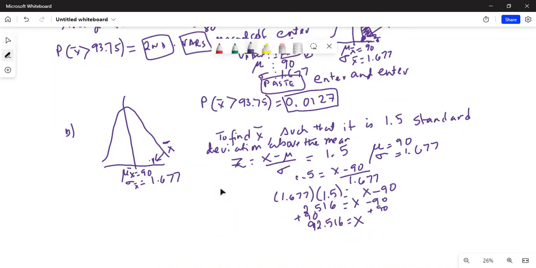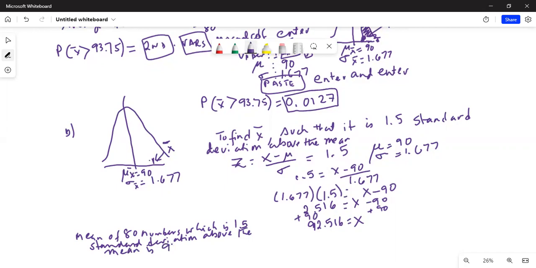So mean of 80 numbers, if I write here, mean of 80 numbers, which is 1.5 standard deviation above the mean is 92.516. Okay, so you know the definition of the mean, mu.